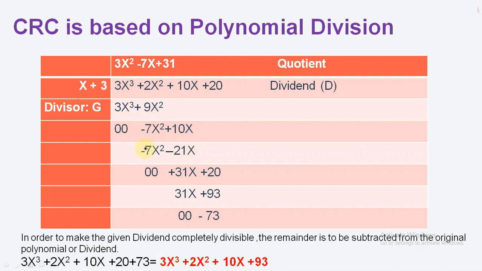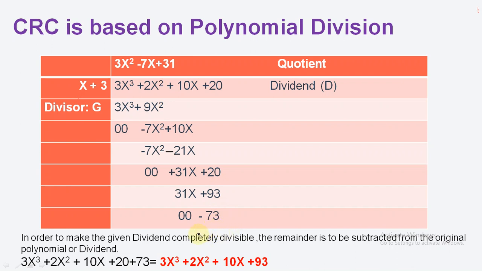Now this one will cancel, leaving behind 10x minus of minus 21x. Therefore it gives us 31x, and 20 is brought down. So 31x plus 20 remains. Now in order to generate 31x, we need to multiply this divisor by 31. So 31 into x, 31x, plus 31 into 3, 93. So 31x and 31x will cancel, and we are left with the remainder, which is equal to 73.